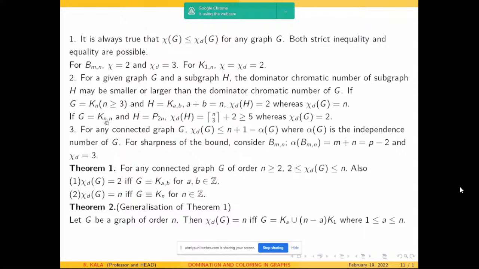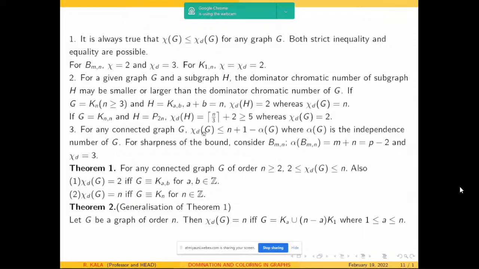And then if you take G as K_{n,n} and H as the path on 2n vertices, P_2n, then chi d of H will be definitely greater than or equal to 5, whereas chi d of the original graph, K_{n,n}, is 2. Okay.